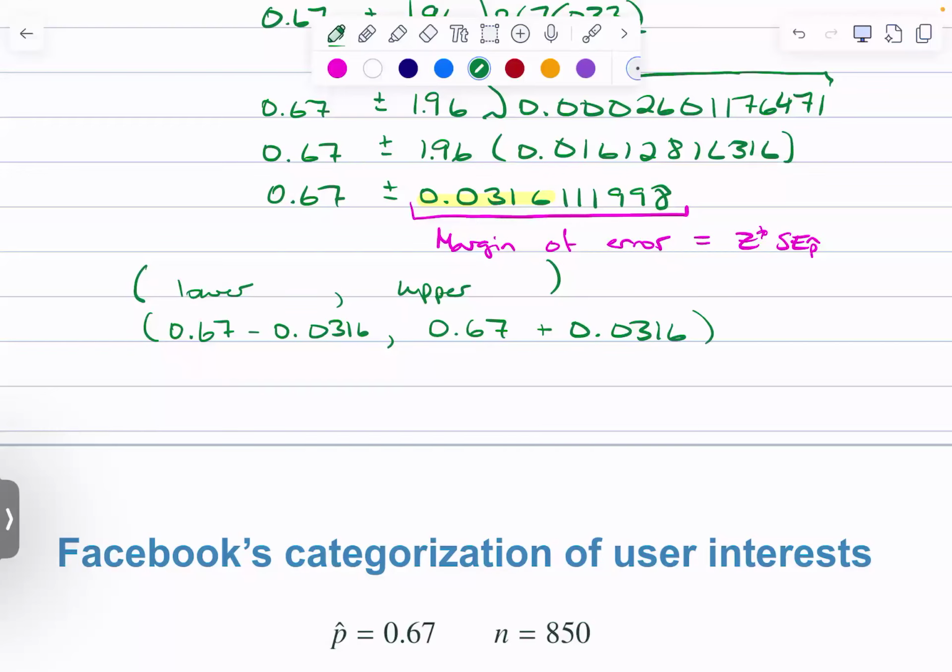I'll just do those rounded values. I get an interval of 0.6384 up to 0.7016. You can convert these to percentages if you'd like: 63.84% to 70.16%.